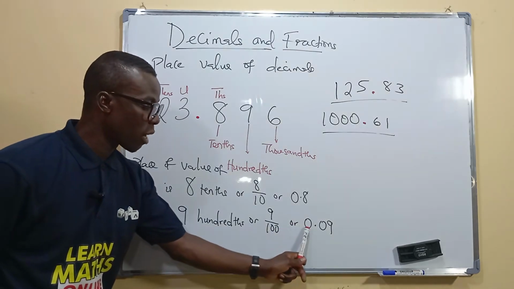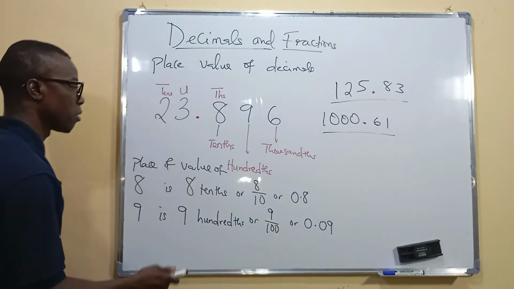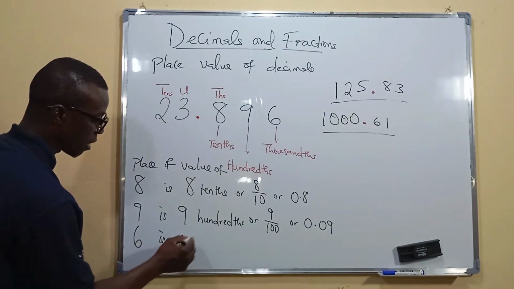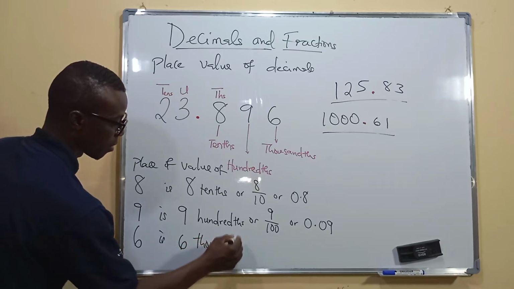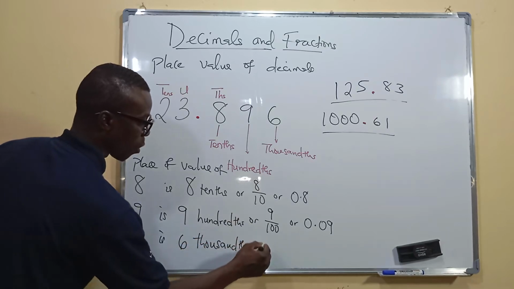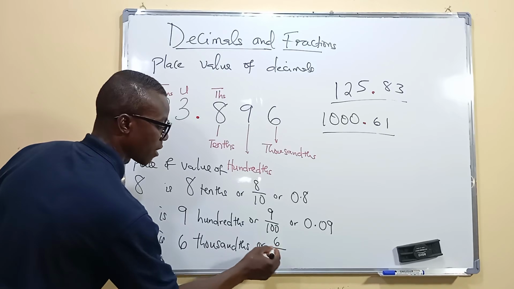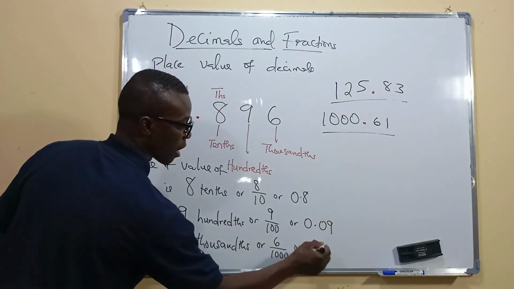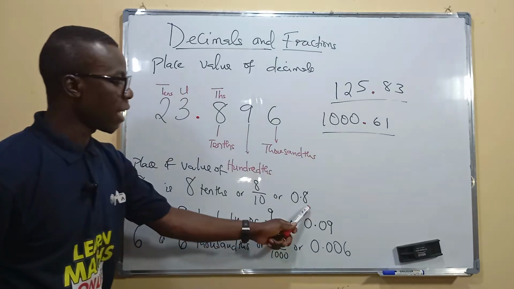You can see here we have 0.08. So I'm going to explain this later on in this video. We have the place value of 6 is 6,000 with the S, or just like this, you can easily guess that. That's 6 over 1,000, or you are going to have 0.006.